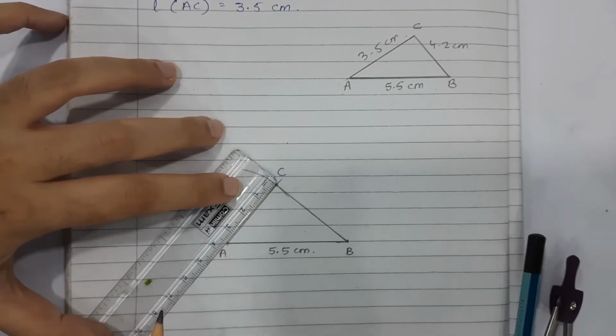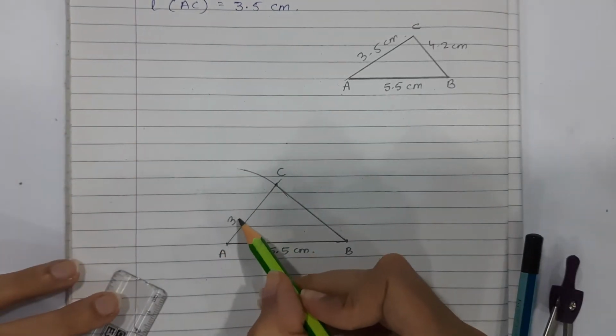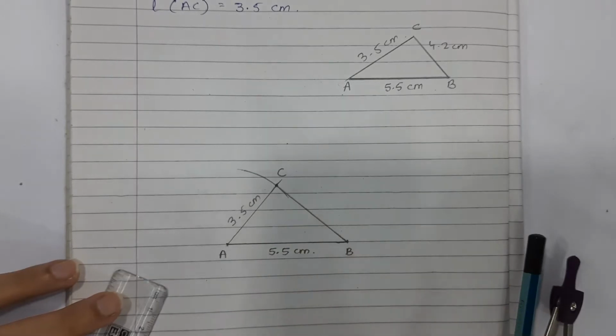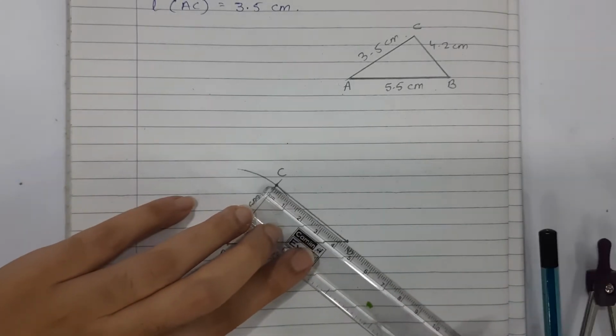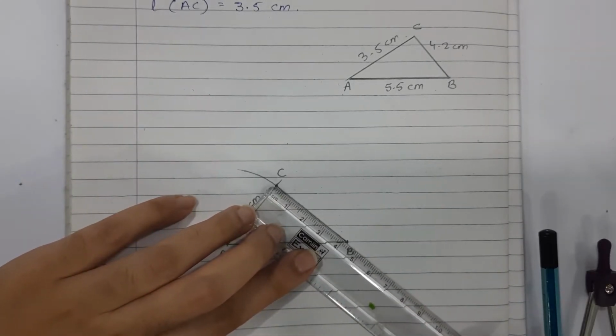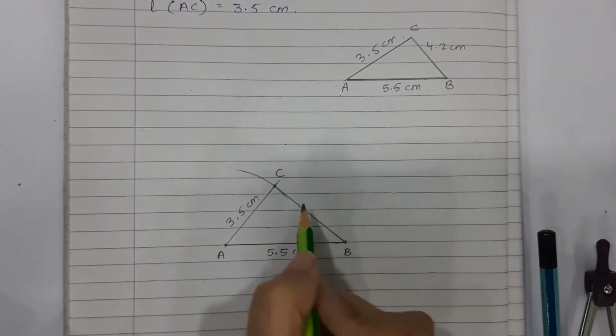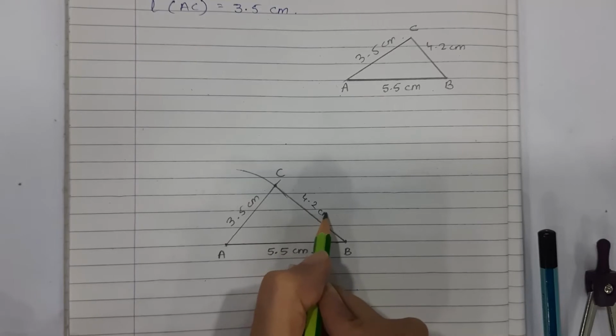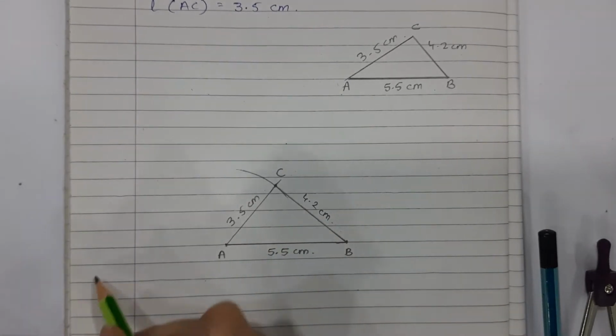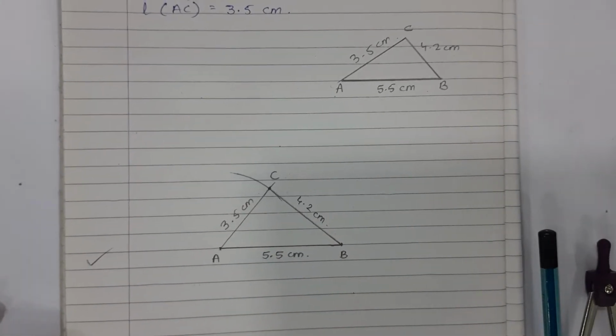See? It is exactly 3.5, so I will write 3.5 centimeters there, and on the right hand side it is exactly 4.2 centimeters, so I will write 4.2 centimeters there. So this was the first sum.